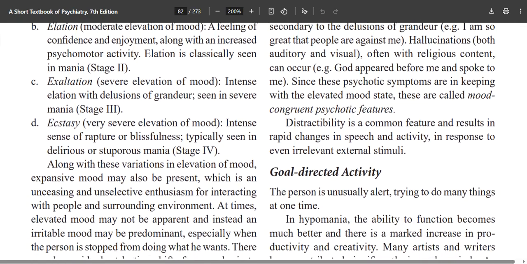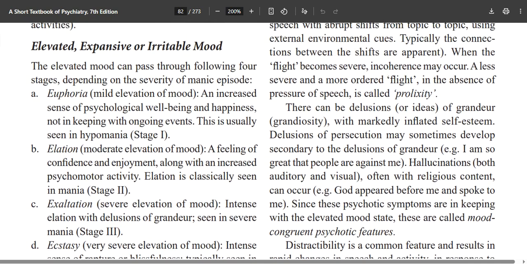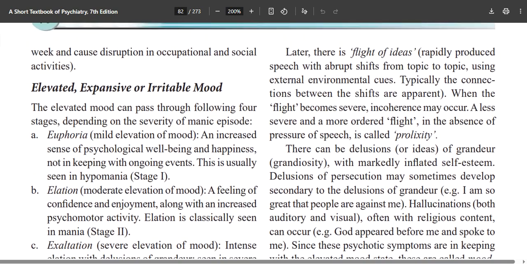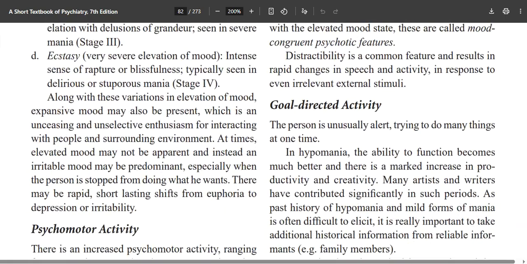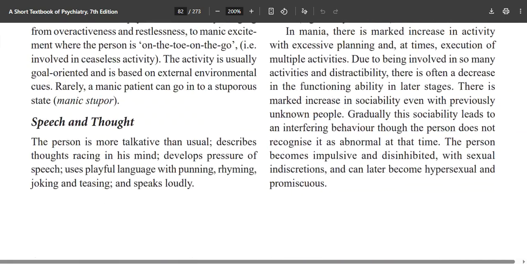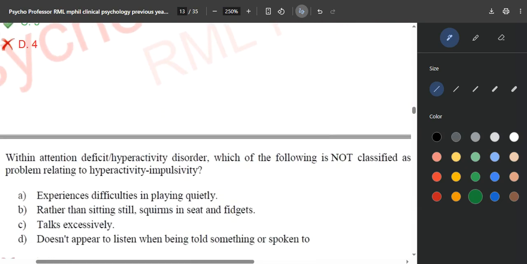There can be delusions of grandeur, grandiosity and markedly inflated self-esteem. So it is just so simple. We are talking about the mania thing and it comes out as it is. None of options A, B or D matches. So option C, extremely elevated mood and grandiose ideas, is the correct answer over here.